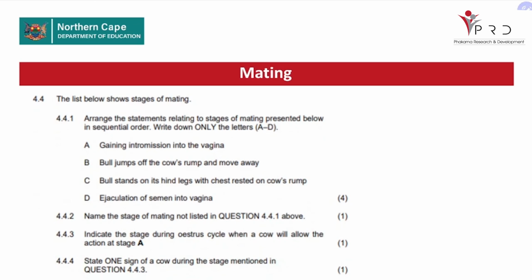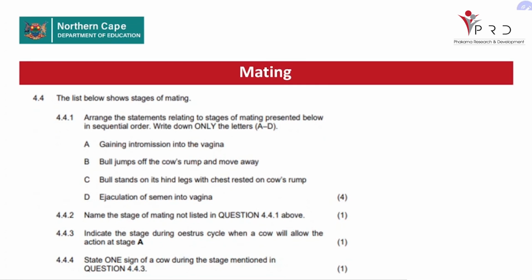We have 5 of them that we look at, and the examination guidelines state 5, and you need to know them. But let's look at what is expected on these stages. Arrange the statements relating to stages of mating presented below in a sequential order. Write down only the letters A to D.